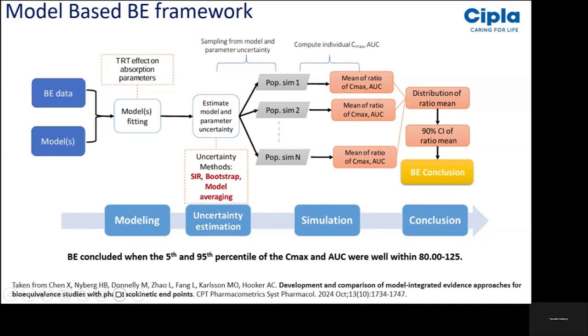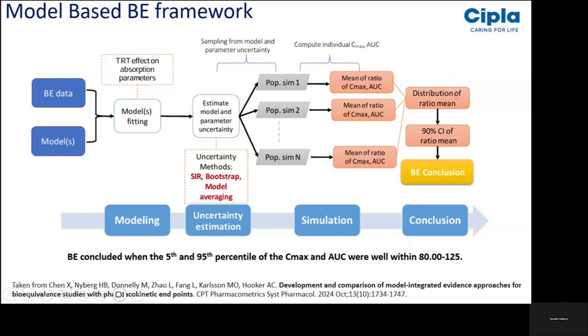And once this is done, sampling from the model and the parameter uncertainty needs to be done to generate multiple population simulations, that is BE replicates, and then compute the individual Cmax and AUCs from those BE replicates and calculate the ratios for Cmax and AUCs.